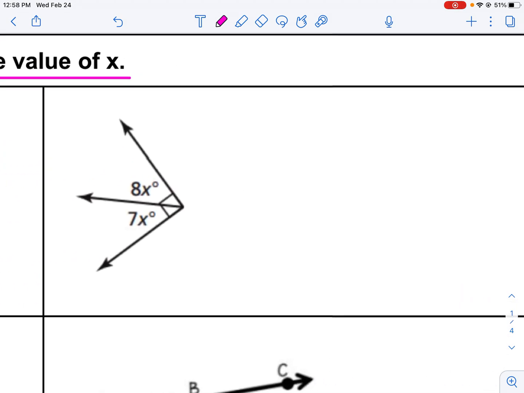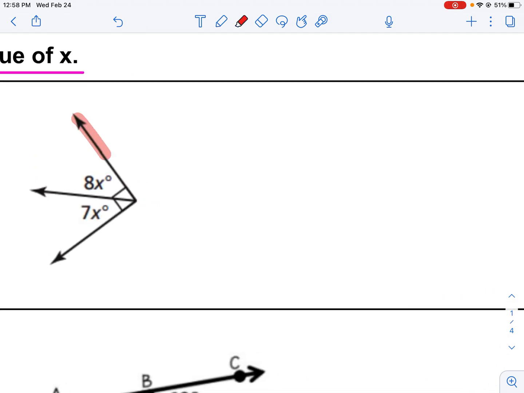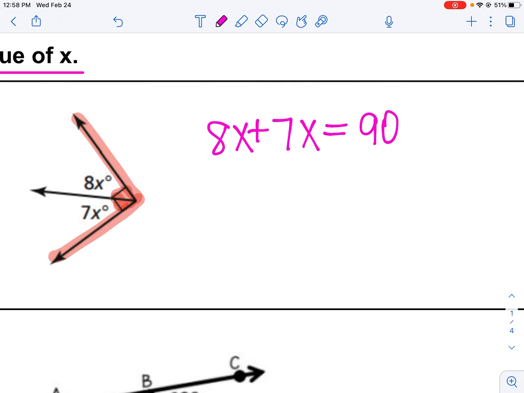So let's go over to the next one and find this value of x. We still have a 90-degree complementary angle denoted by this little box here. So we have our first angle measure of 8x plus our second angle measure of 7x, all equals together 90 degrees. This is our combining like terms property.